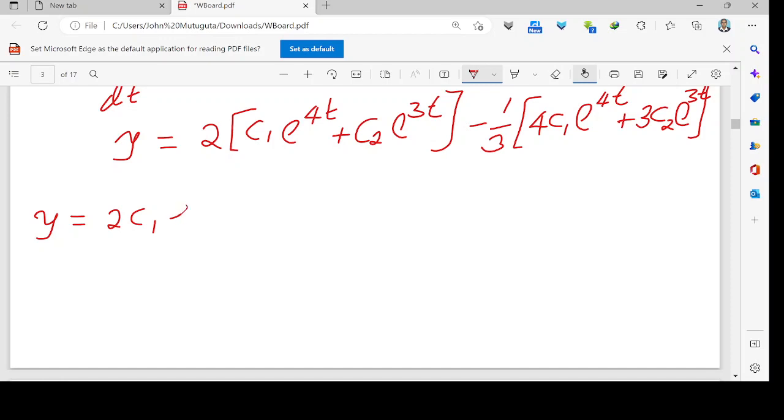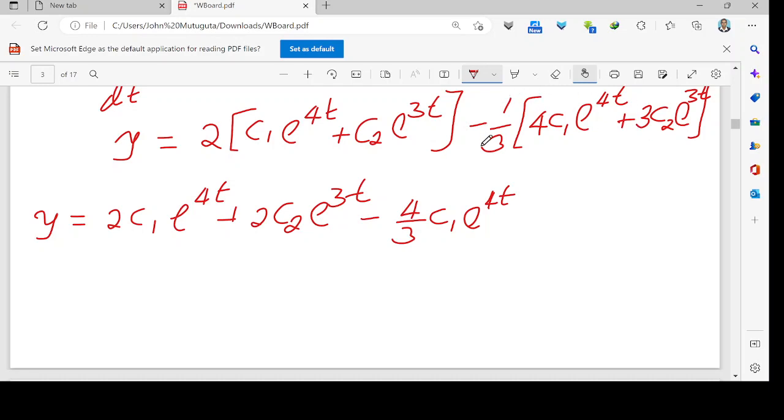If we open the brackets, e raised to power 4t plus 2c2 e raised to power 3t, then minus 4 over 3 c1 e raised to power 4t, and then the last term would be minus 1 over 3 times 3. That will give us 1, minus 1. So we get minus c2 e raised to power 3t.